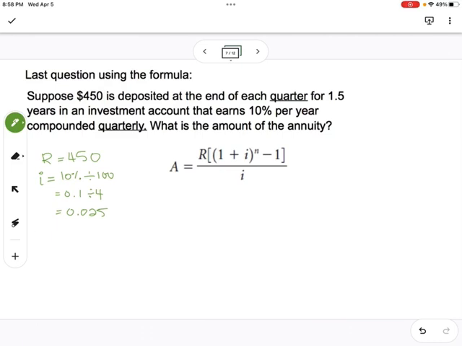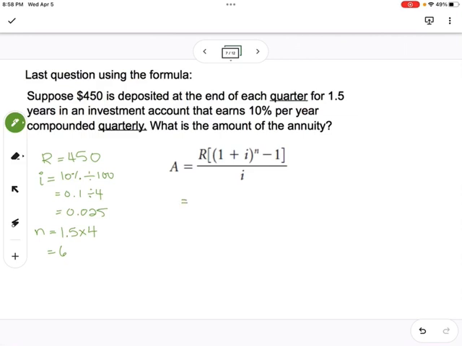And again, our same N, our same number of compounding periods. This goes for 1.5 years. And we multiply that by our number of compounding periods. Since it's quarterly, it's times 4. So our N is 6. So we need to plug all of these values into the equation.